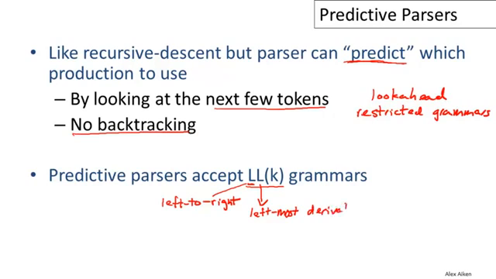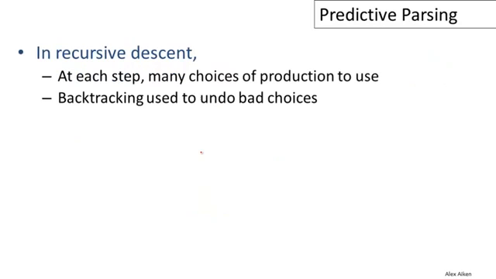That means we're always working on the leftmost non-terminal in the parse tree. And k here stands for k tokens of lookahead. While the theory is developed for arbitrary k, in practice k is always equal to 1. And so in fact, we'll only discuss the case k equals 1 in these videos.